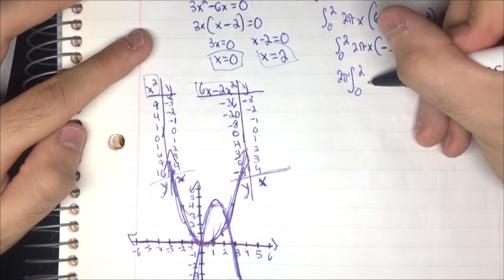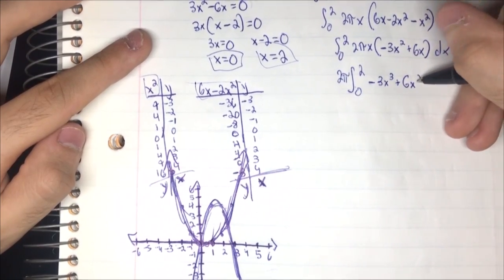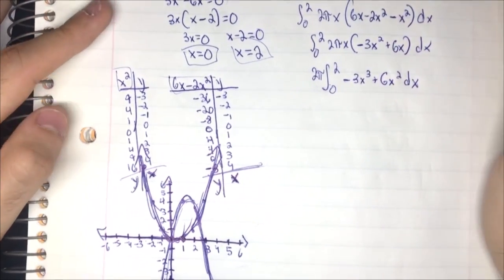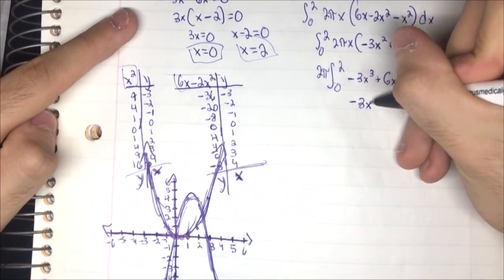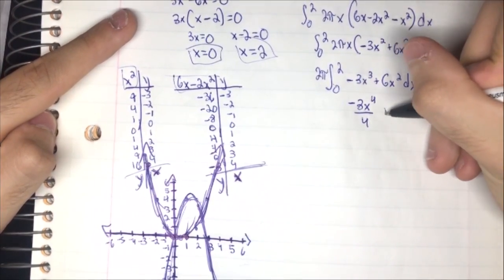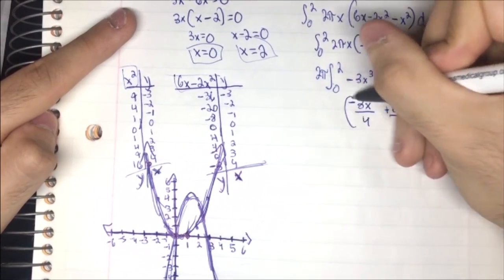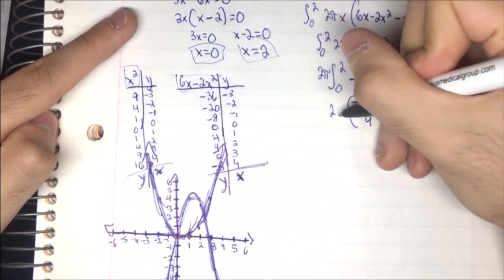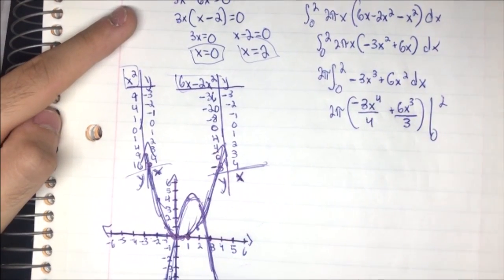So now distribute in the x. It's going to be negative 3x cubed plus 6x squared dx. And now we can find the antiderivative of that, which is going to give you negative 3x to the 4th over 4 plus 6x cubed over 3, all being multiplied by 2 pi, going from 0 to 2.